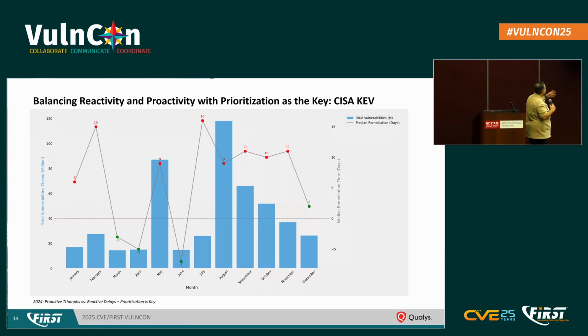For example, in March and April, it was around 20 million detections. And you see that the data shows the vulnerabilities are being fixed a couple of days prior to even being added to CISA KEV.